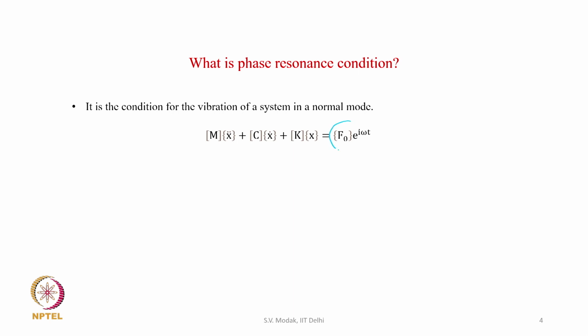So, this is the force vector, and f naught is the amplitude of the force vector.